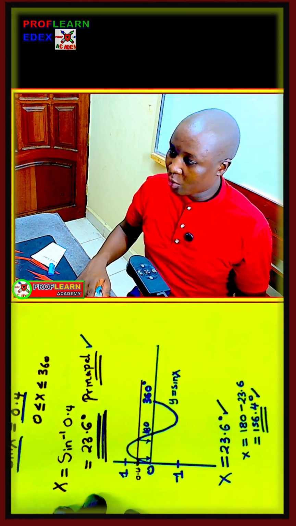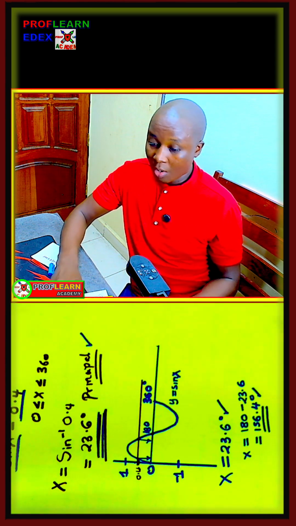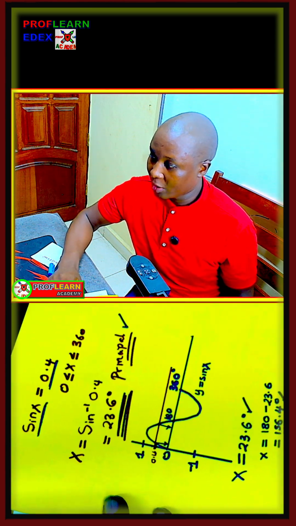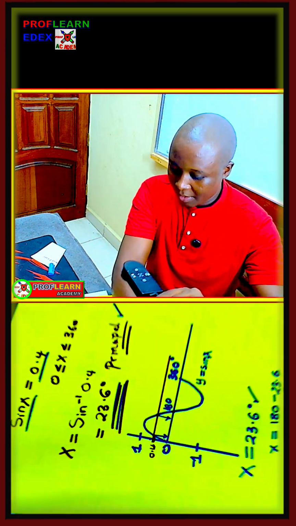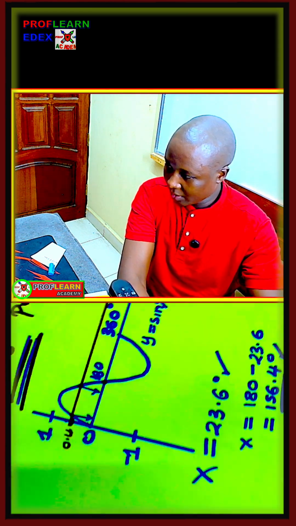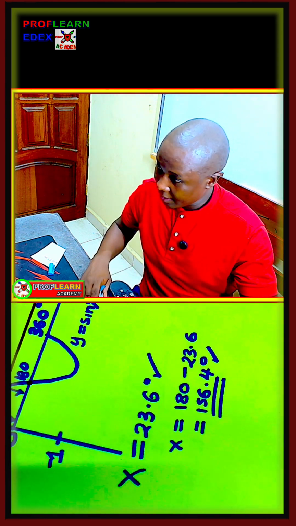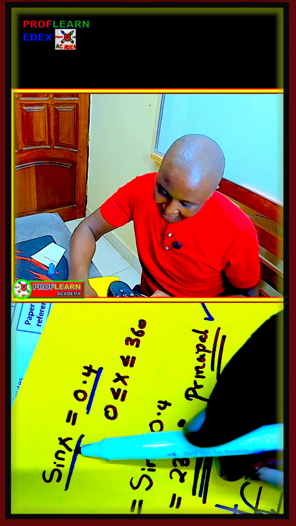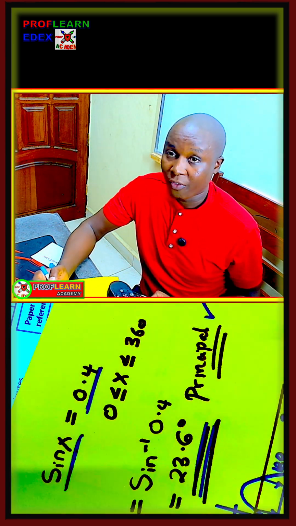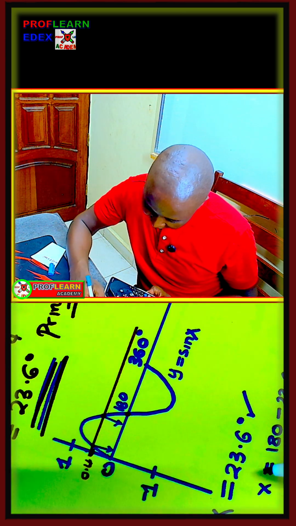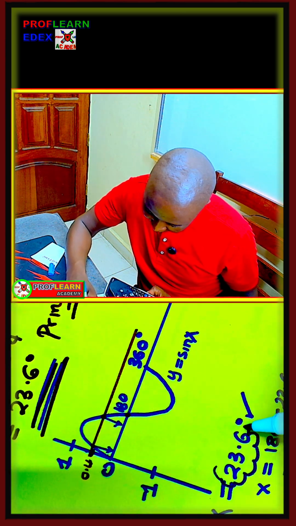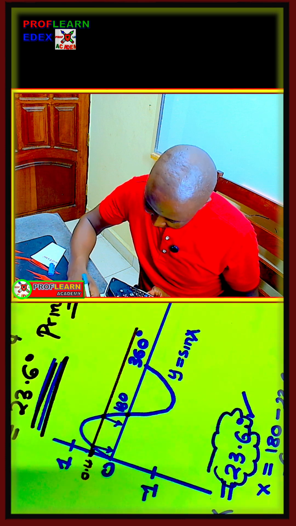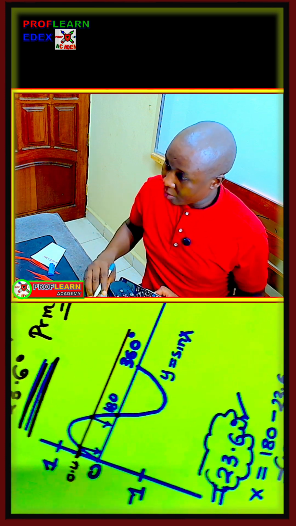Now this is the time to test our answers, whether they are working in this particular question. Remember, in this question we were told sine x equals 0.4. But we have said our final answers are this and this one here. So how are we going to test that?